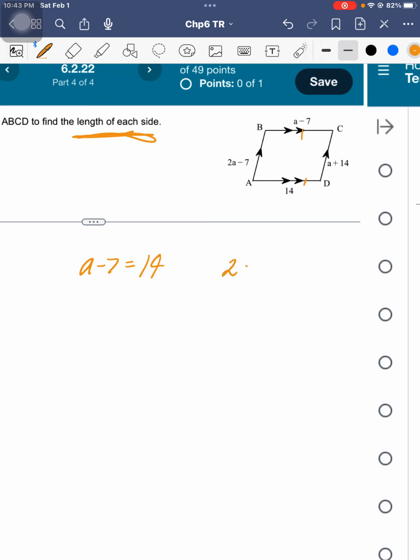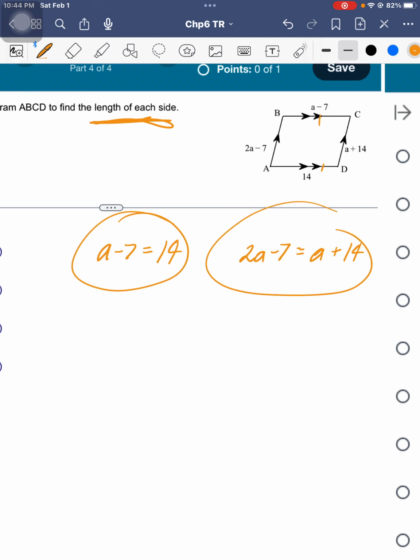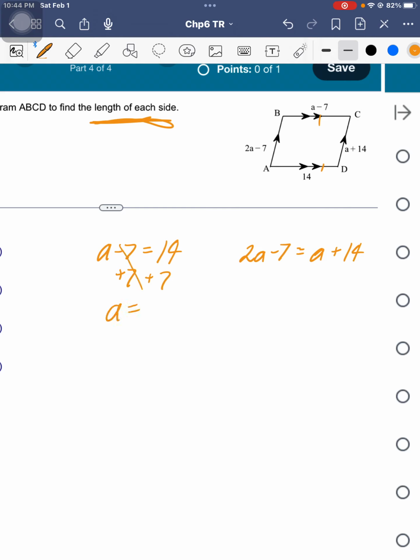And we also have 2a minus 7 equals a plus 14. So I think it's going to be a little bit easier to find a in this equation than this one because there's 2 here. So I'm just going to do plus 7 plus 7. So a is 21.